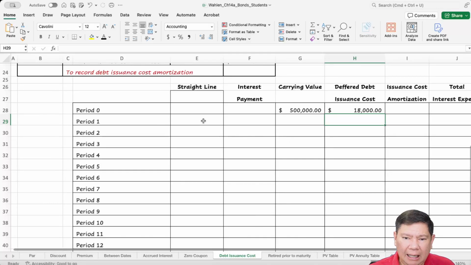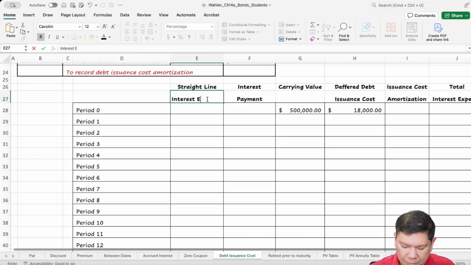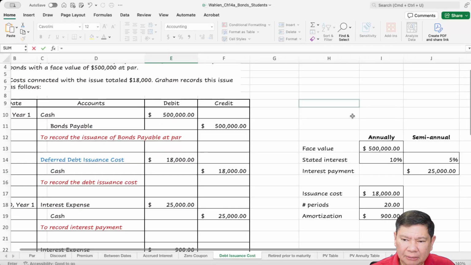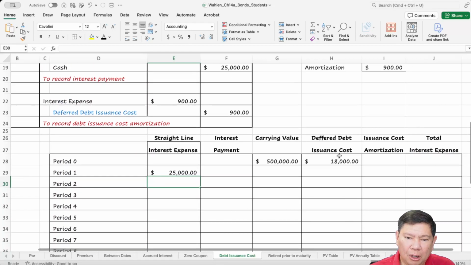So the straight line interest expense is the $25,000. We calculate it here. There is no bond discount or premium, so that's also the interest payment.